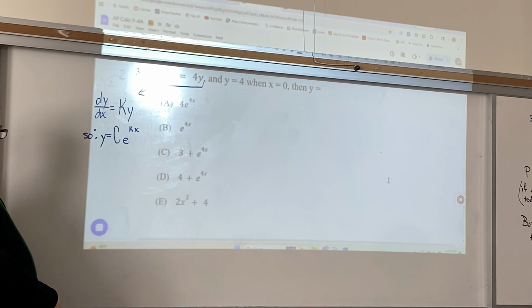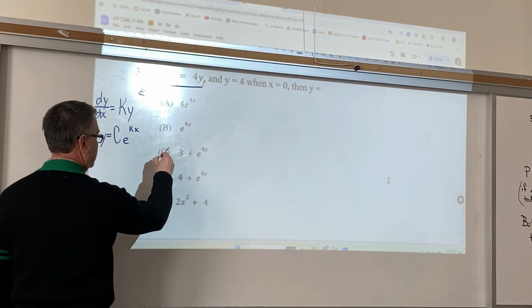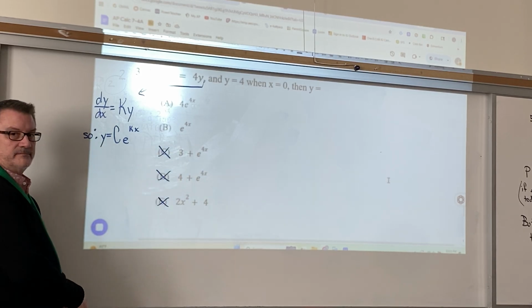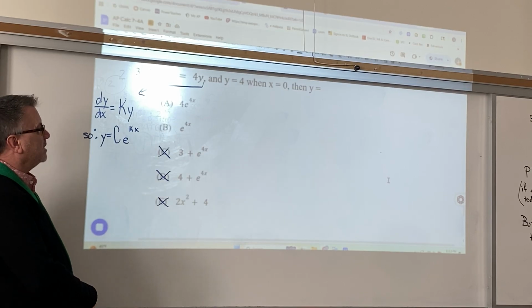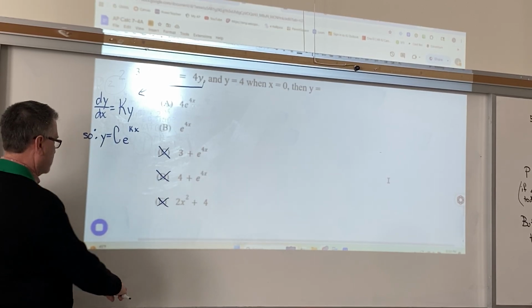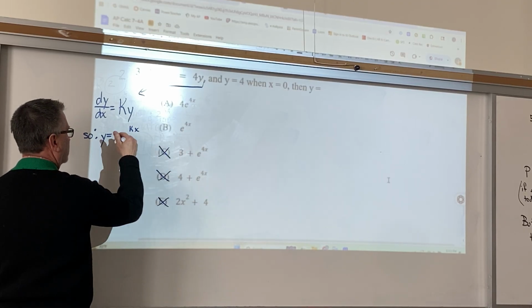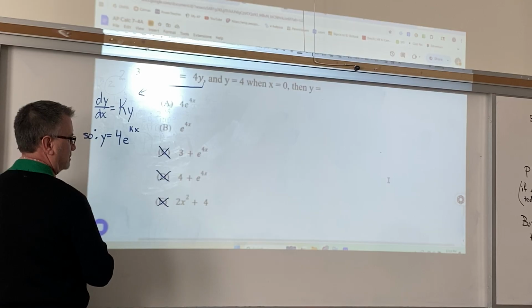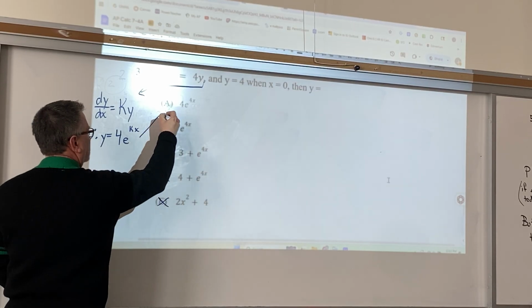I really only see one option that has that form. It ain't that one, it ain't that one, it ain't that one. And when x is 0, y is 4, so I immediately know there's a 4 here, not a 1. I don't even have to figure out anything else. It's this one.